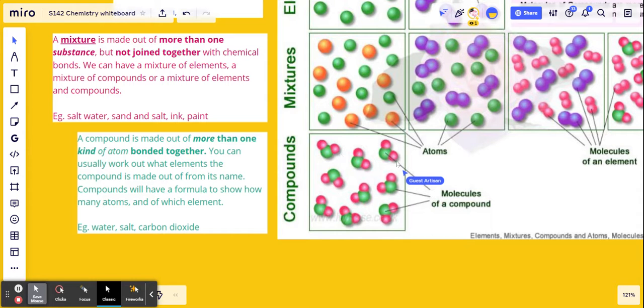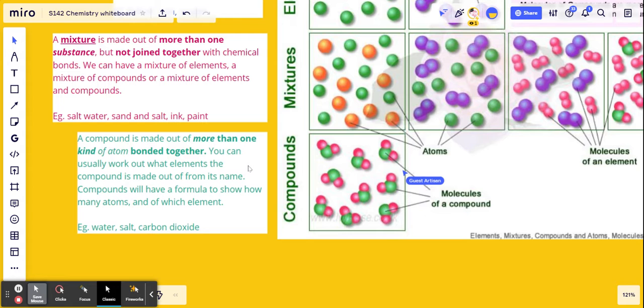A compound is a collection of, not necessarily molecules actually, but to simplify things, let's just say they're molecules for now. And they are bonded together, and it's more than one kind, more than one type of atom. You can usually work out what elements are in the compound by its name, for example carbon dioxide, sulfur dioxide, nitrogen dioxide, and so on.